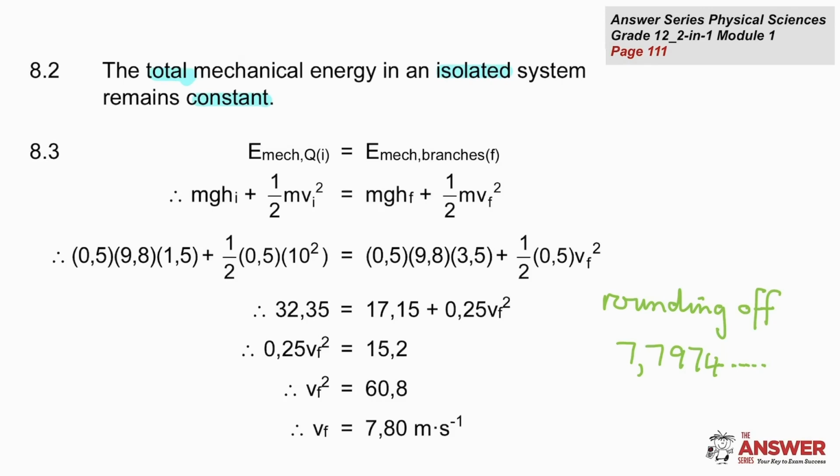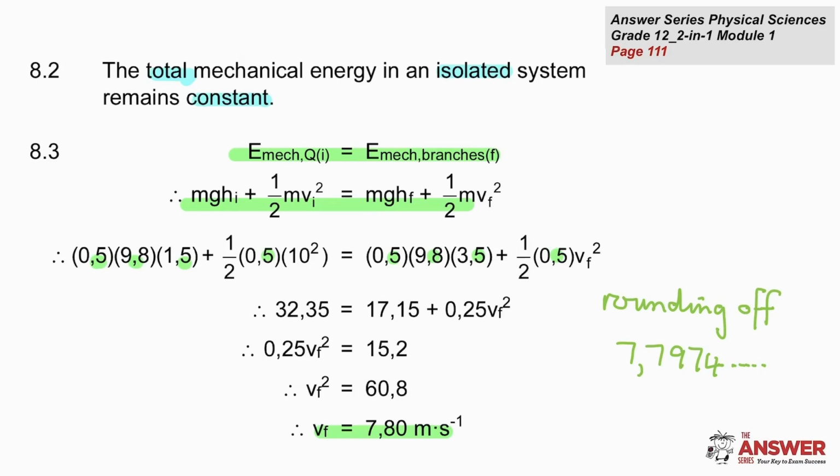In question 8.3, we are restricted to energy principles. So we use conservation of mechanical energy from the moment the package leaves Amar's hands until it touches the branches. Here the statement is expanded, the various substitutions are done, and it yields an answer of 7.80 meters per second.